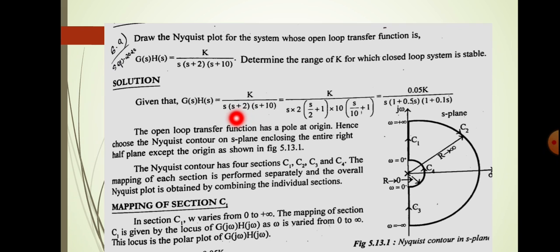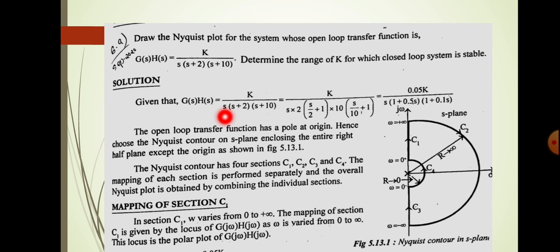What are the poles? s equal to minus 2, s equal to minus 10, and s equal to 0. So one pole is situated at the origin, since there is only a term s, and the other 2 poles are situated in the left half of the s plane.